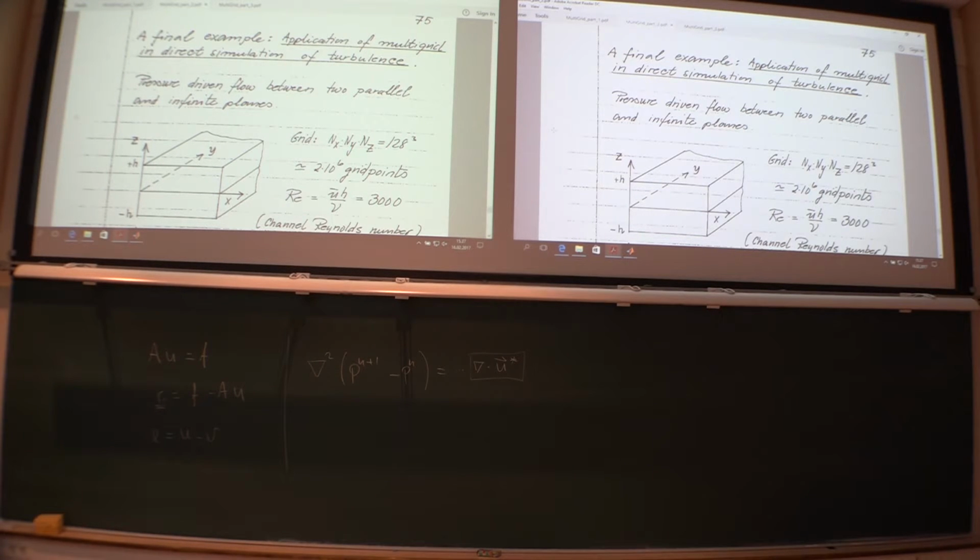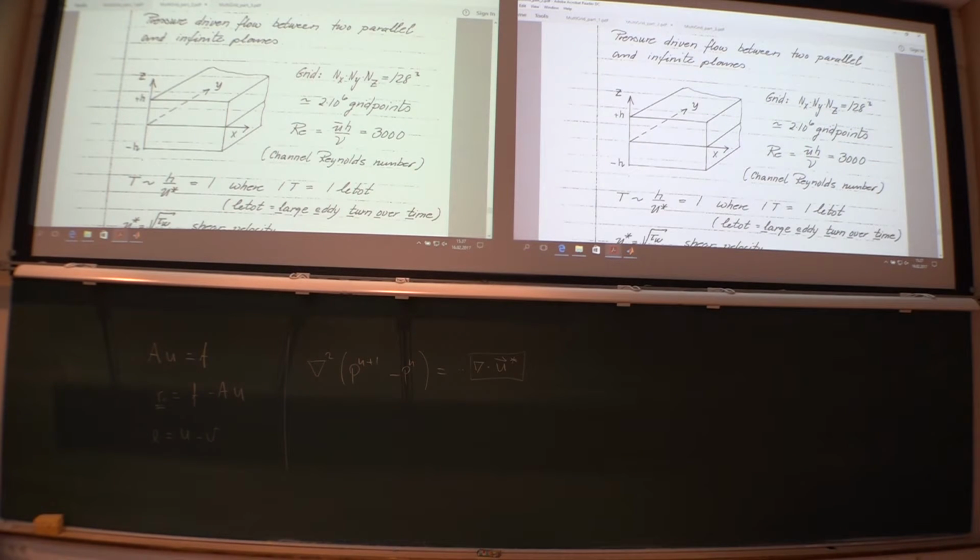So using a direct numerical simulation, you need a very big supercomputer for even moderate Reynolds numbers. As a test case here, the simple Poiseuille flow between two parallel plates, Reynolds number is 3000, is just turbulent. You needed some 2 million grid points just to describe what's going on here.